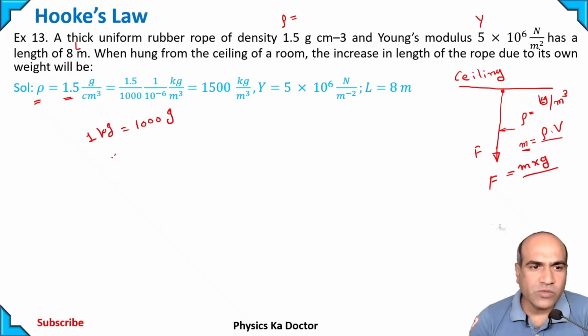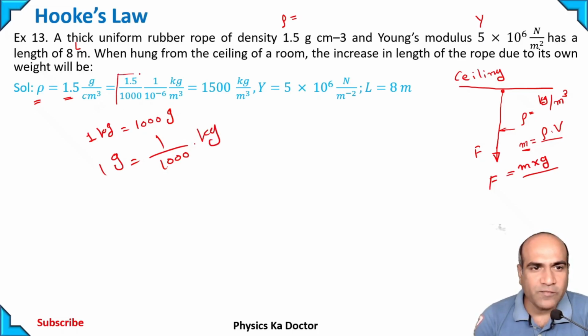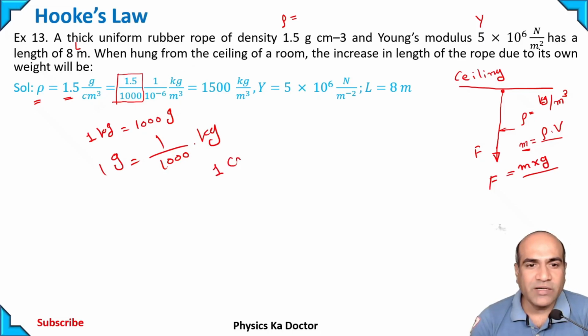We can take the inverse also: 1 gram is equal to 1 by 1000 kilogram. So this is the first conversion. We can see here 1.5 divided by 1000, and centimeter, again 1 centimeter we convert to meter.